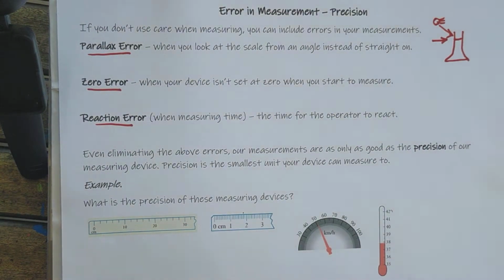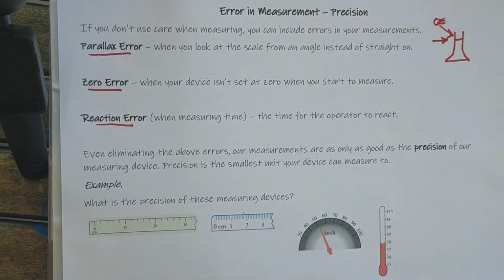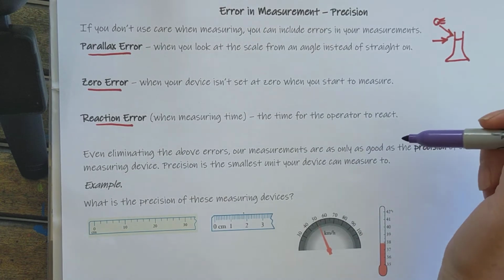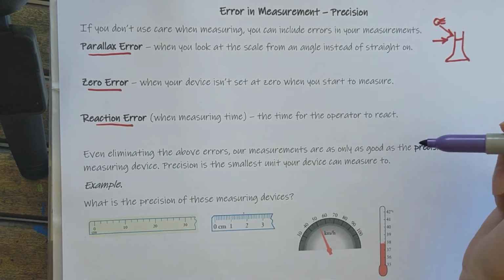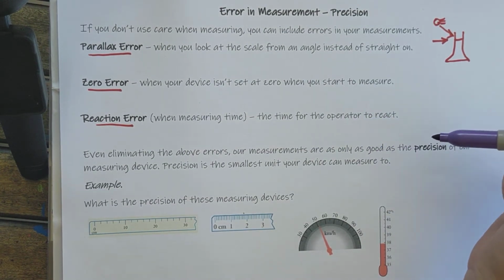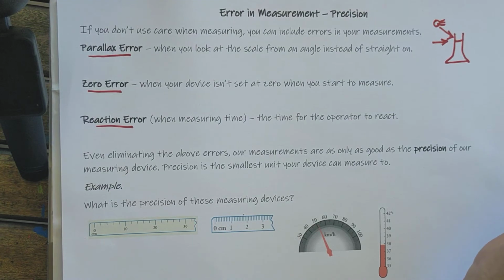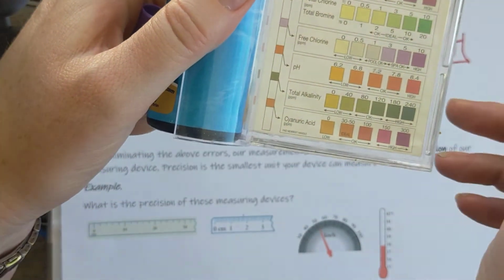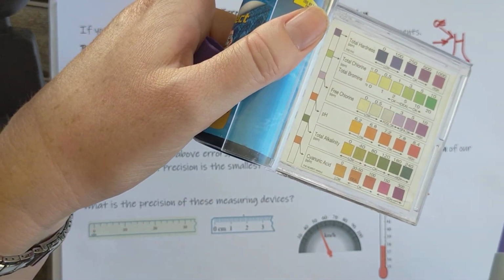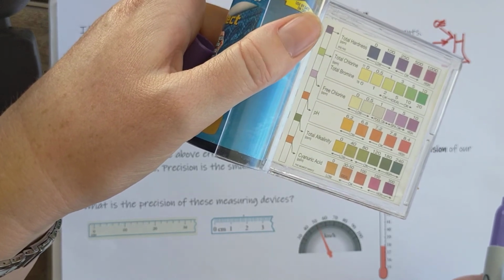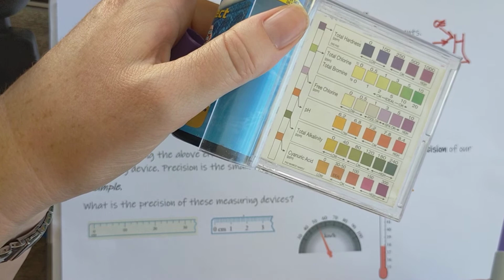So even if you get rid of your parallax error, your zero error, and your reaction error, you're still going to have a little bit of error because you can only be as accurate as the precision of your measuring device. So here's an example, if you can see this. This is from my pool measuring strips to see what different things I've got in my pool.